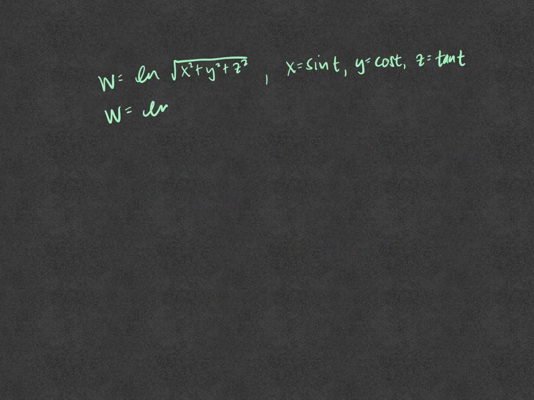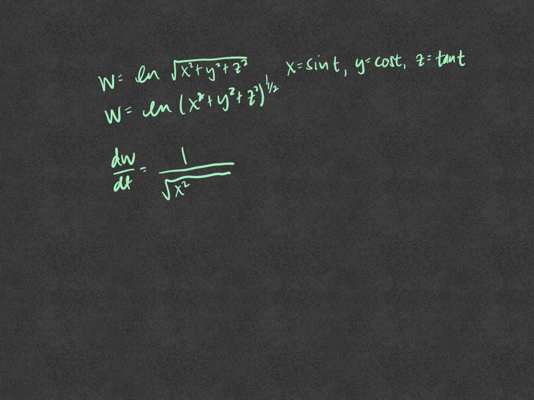Let's call this w equals natural log of x squared plus y squared plus z squared to the 1/2 power. Okay, so the directions say find dw over dt. So we're going to take the derivative of w to be the derivative of natural log of something is 1 over the something. I'm going to write it pretty with the square root in it.